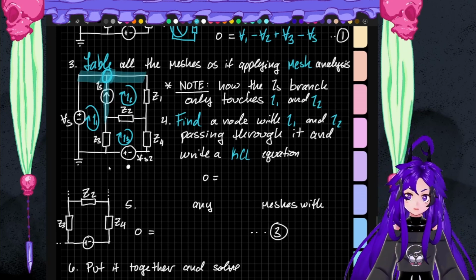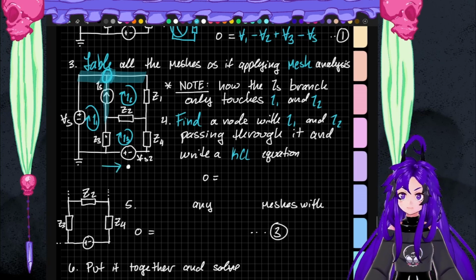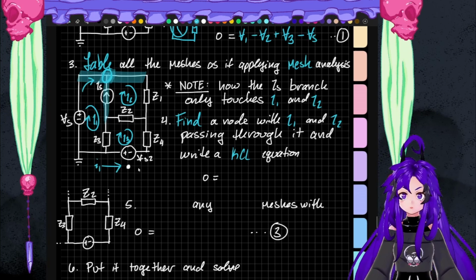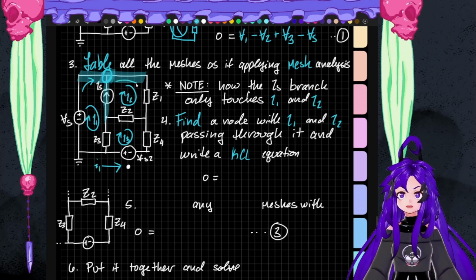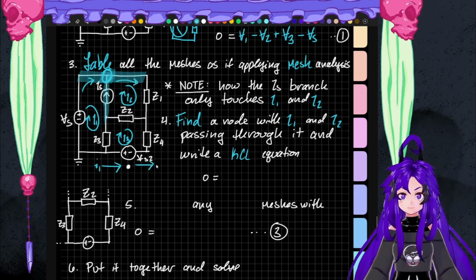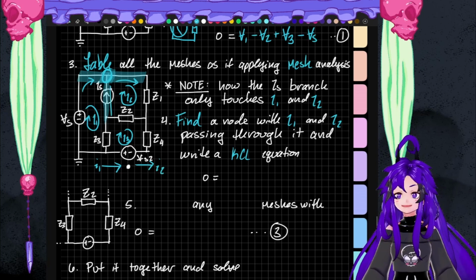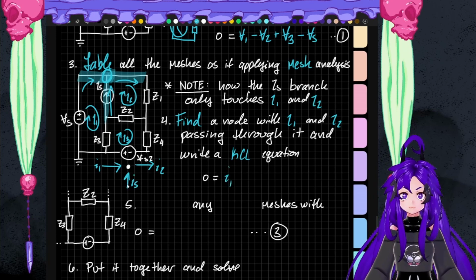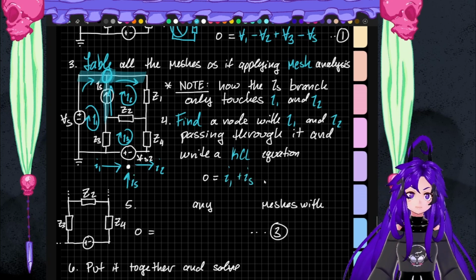So if we draw it out, just following the current loops, we've got I1 in on this side, I2 out on this side, and we've got this I source coming in. So our KCL equation is going to look like I1 plus I source minus I2.